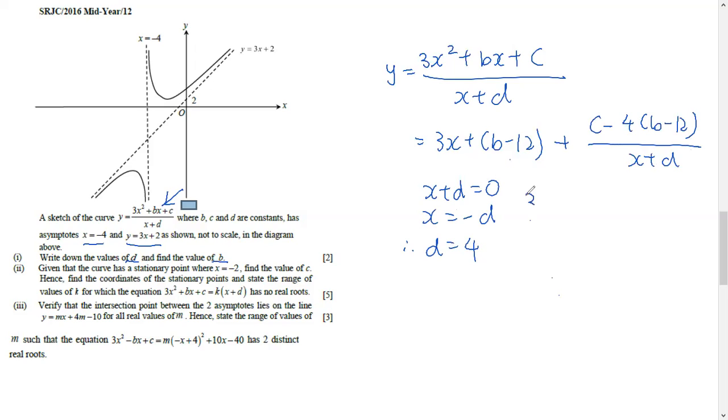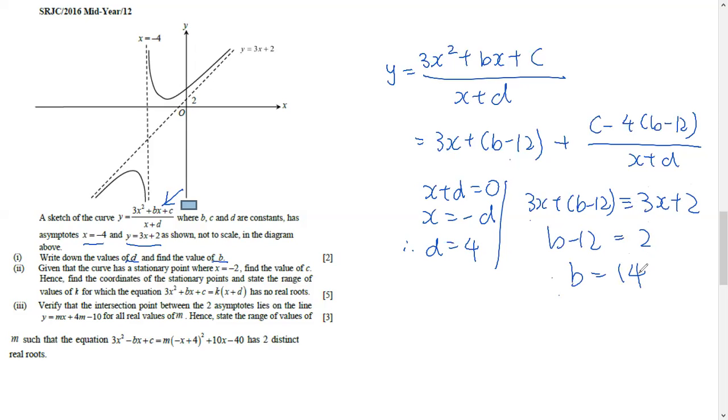So 3x plus b minus 12 must be eventually written as 3x plus 2. So b minus 12 is equal to 2, so b must be 14. So this is how we infer the d and b value from the graphing properties.